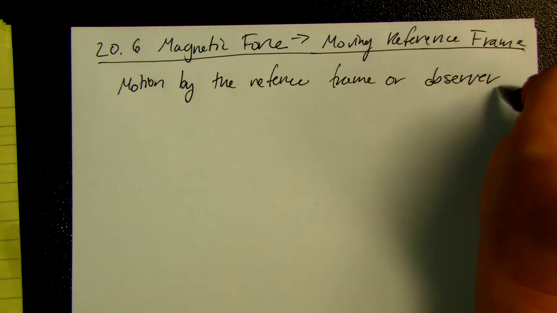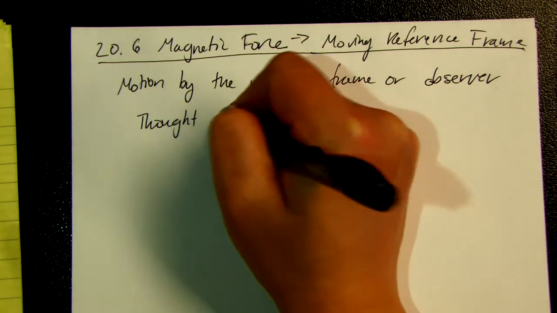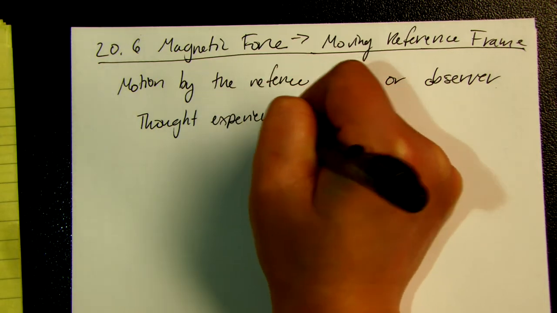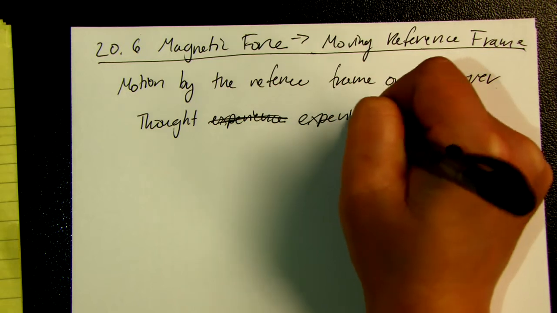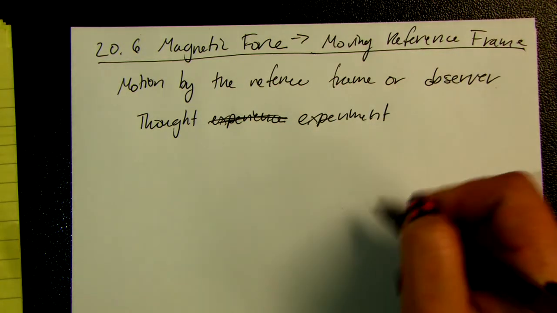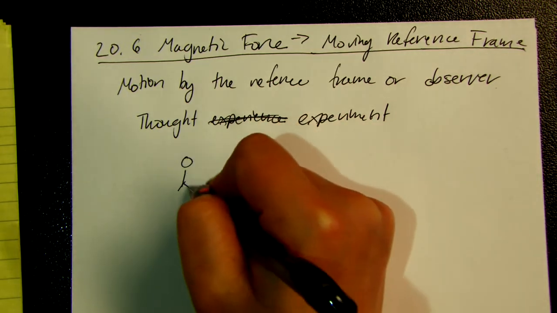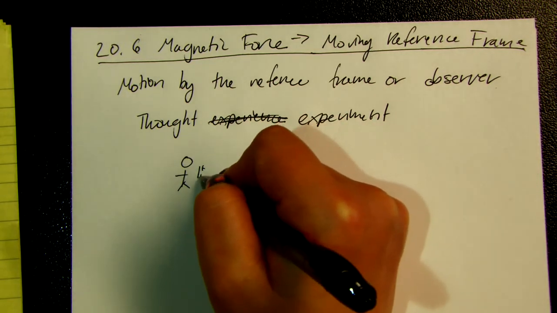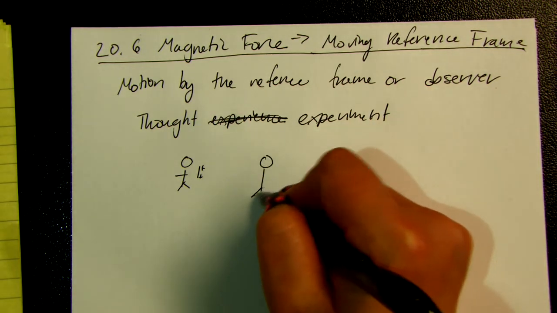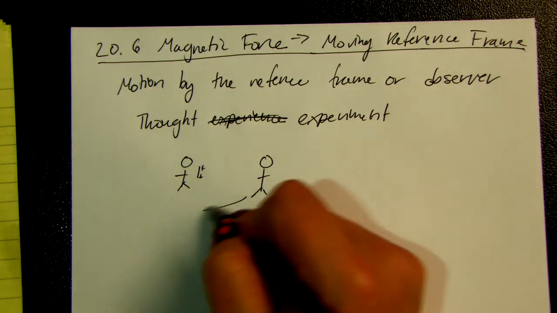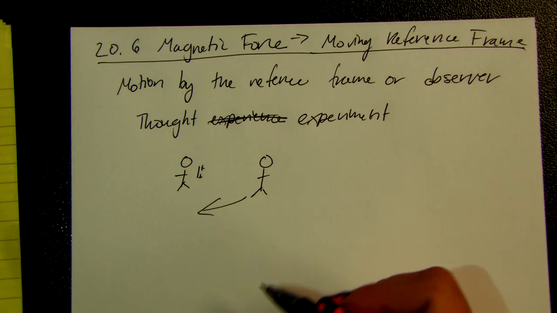Okay, so I want you to think back to our thought experiment about the charge tape experiment where we had the charge tape. So we had somebody who was stationary, who had some charge tape that was just sitting there, and then we had somebody that was running around, observing the charge tape as well as the magnetic field.